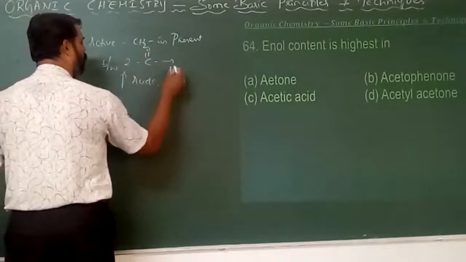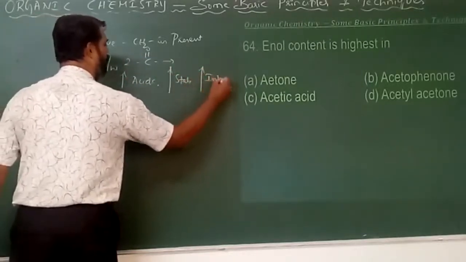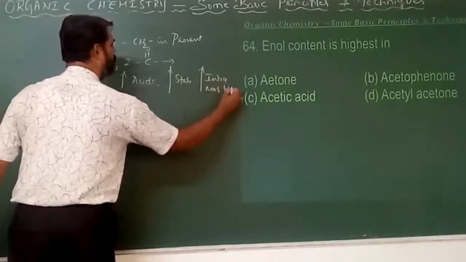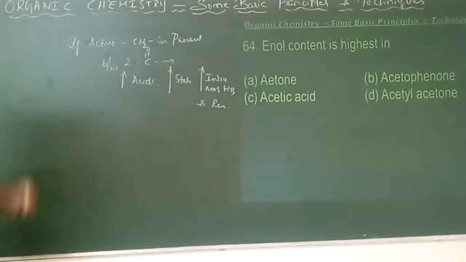Then we will have more stability, and that stability is due to the intramolecular hydrogen bonding and then the resonance. Means any carbonyl compound where the active methylene group is.